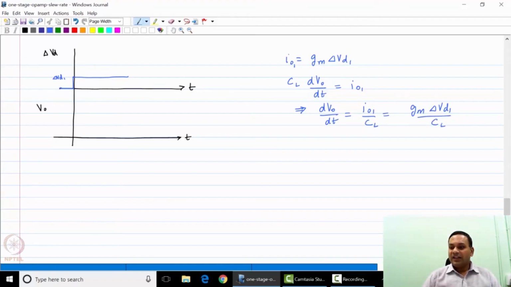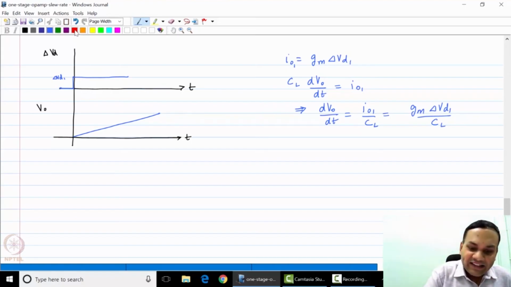Clearly, the dVO by dt is a constant because delta VD1 is constant, CL is constant, and GM is constant. Therefore, the output rises as a ramp because the output current is constant.